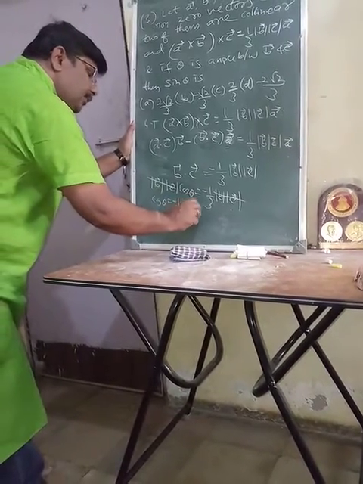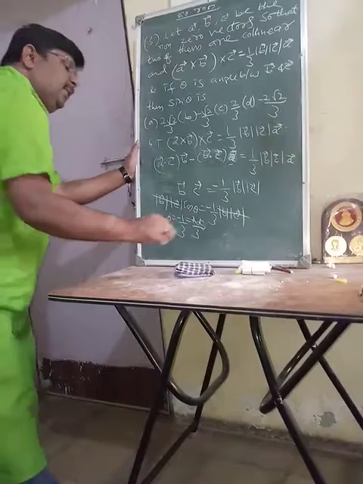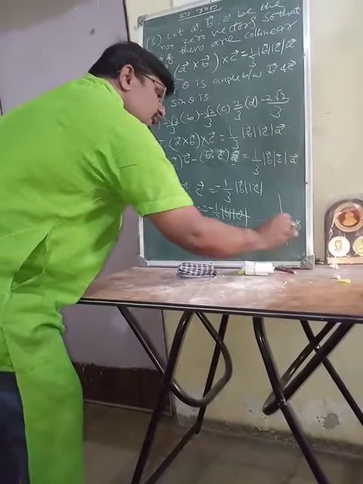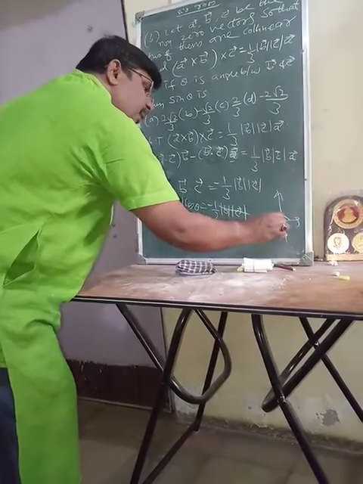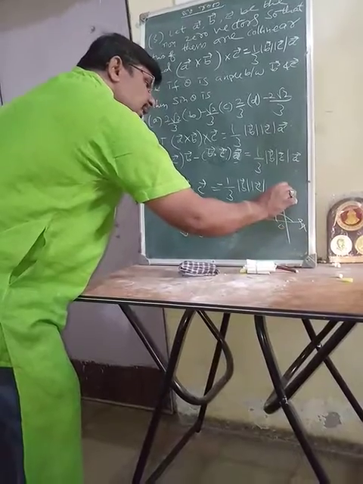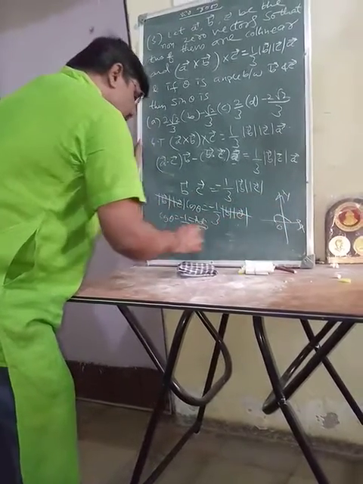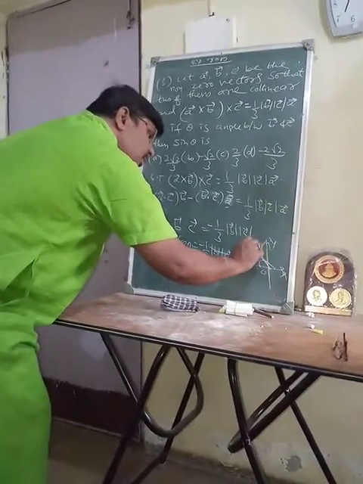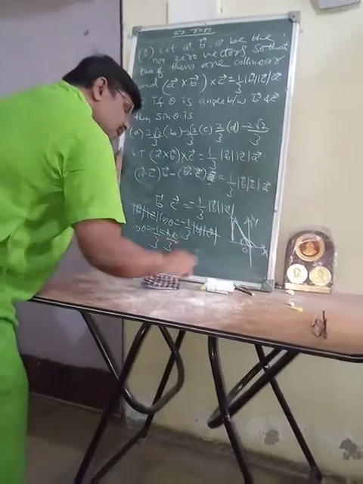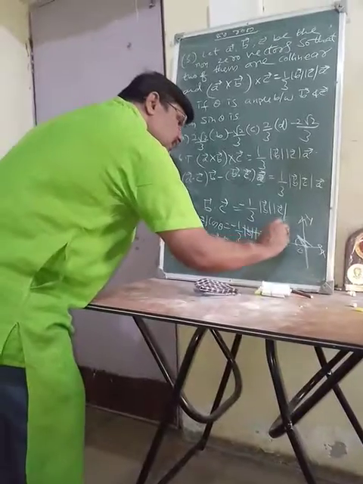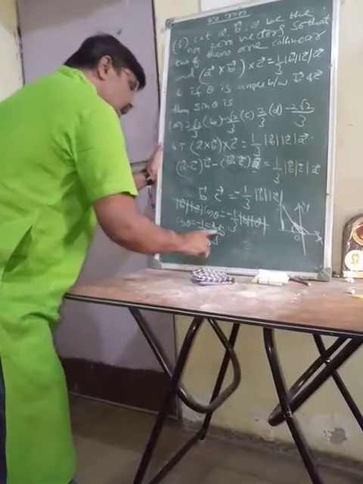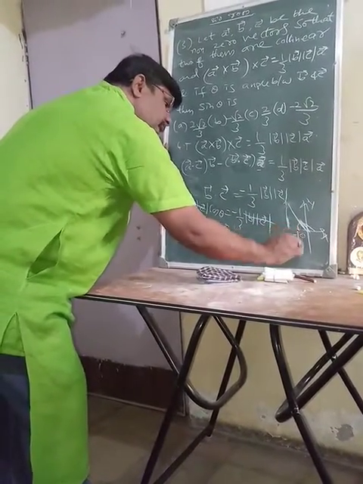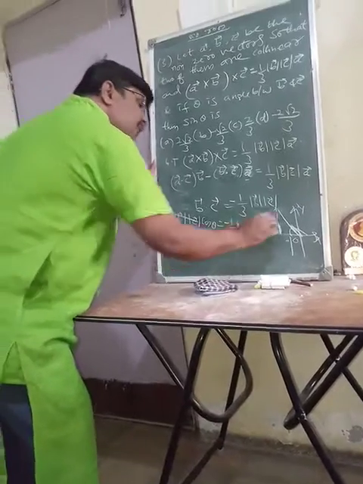It is adjacent by hypotenuse. Cos is negative in the second quadrant, so we have to take it in the second quadrant. So adjacent is minus 1, hypotenuse is 3.